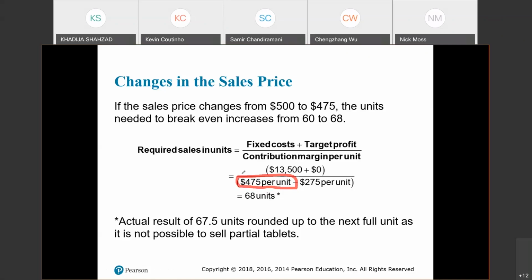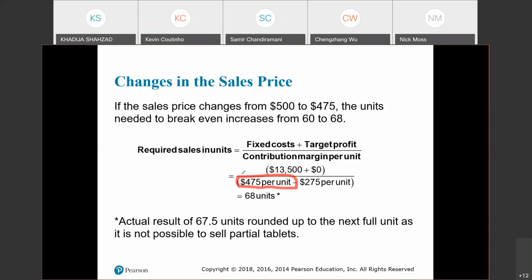So the denominator decreases. Well, the actual result of this equation is 67.5 units. But this result should be rounded up to the next full unit because the company cannot sell half of the tablets.